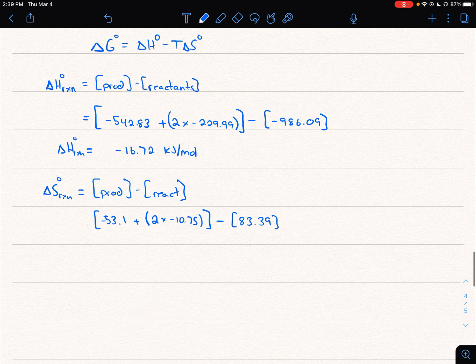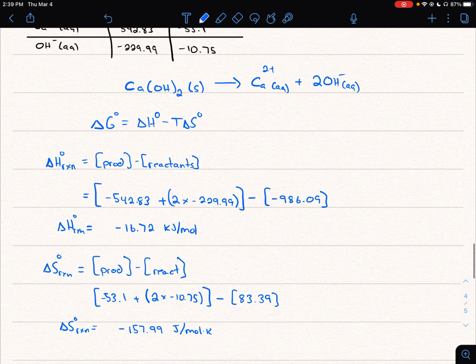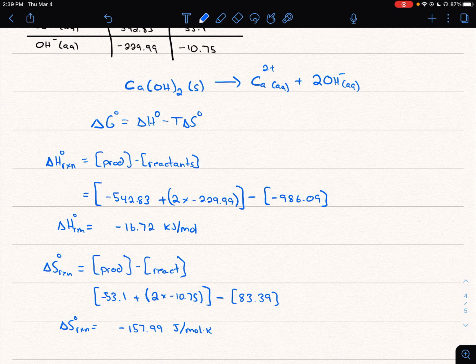And if we do this math, we find out that our delta S of reaction is going to be negative 157.99. Put the units back in, joules per mole times Kelvin. So there we have our thermodynamic parameters, our enthalpy and our entropy of the reaction.